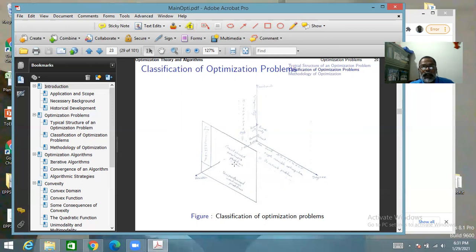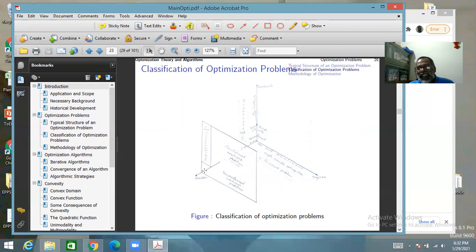Now, if you go both ways towards the simpler, this way also and then this way also, then you should reach this corner where there is no problem. Why? Because if you have a linear function and you have no constraint also, then there is no scope of optimization.